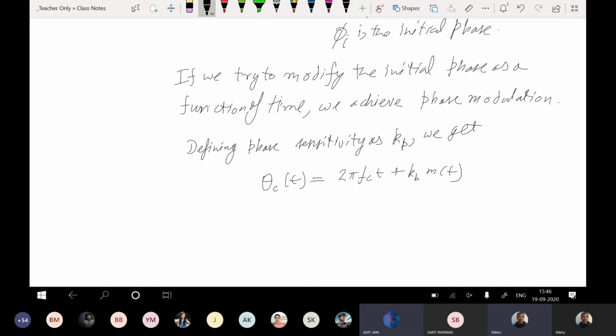Sir, Aditya, the reason we are modulating is because we want to send the message signal in the form of either the amplitude, the frequency, or the phase. Is that right? We want to send a message signal. That's why we are modulating.